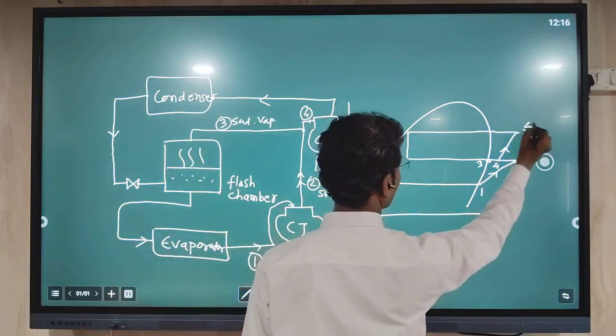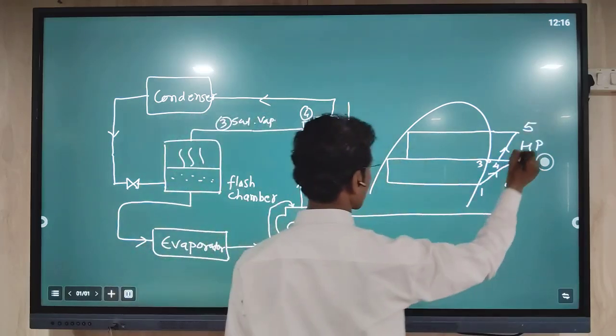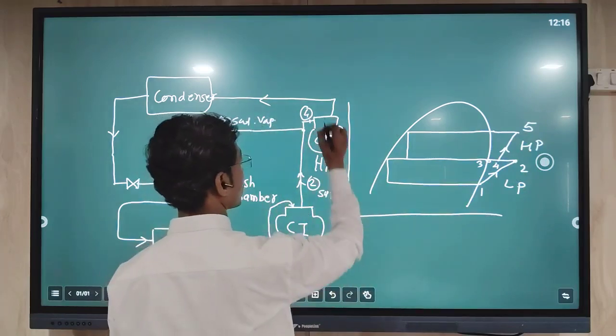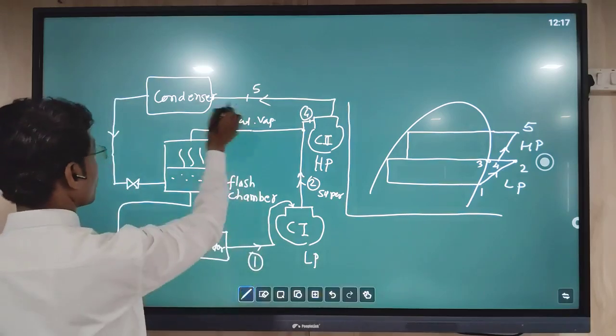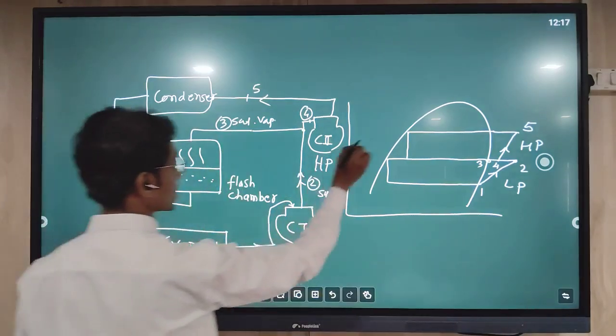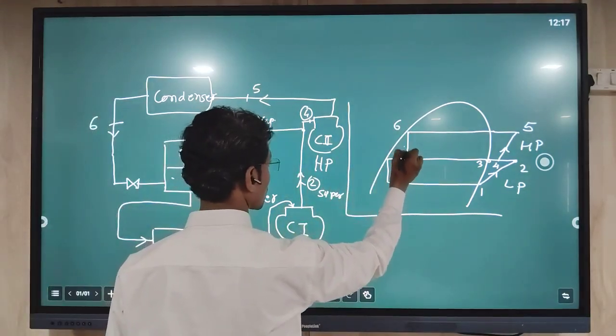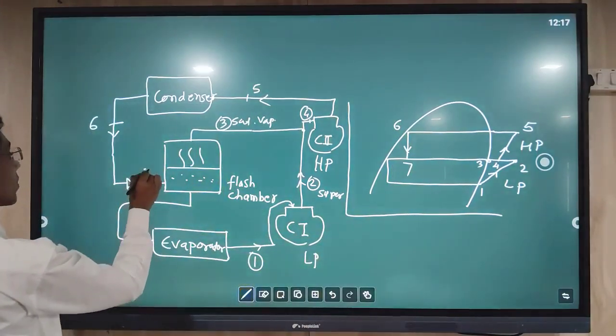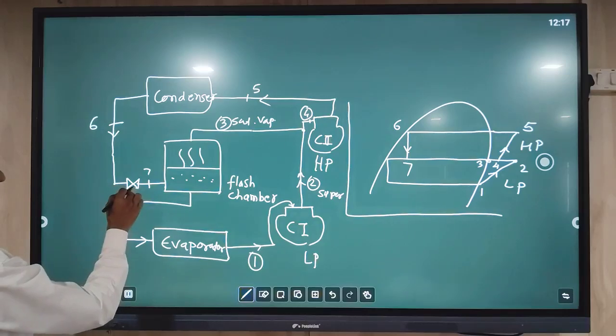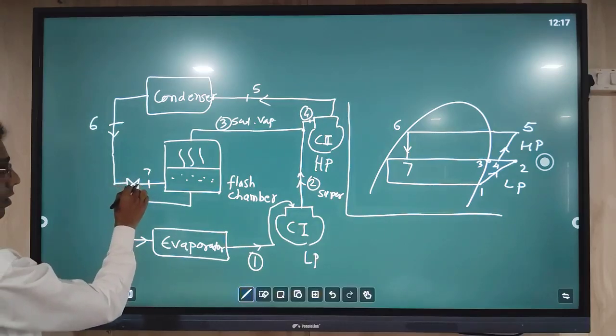Then 4 to 5 will be the high pressure compression. Then 5 to 6 will be condensation. 6 to 7 will be expansion after the condenser.